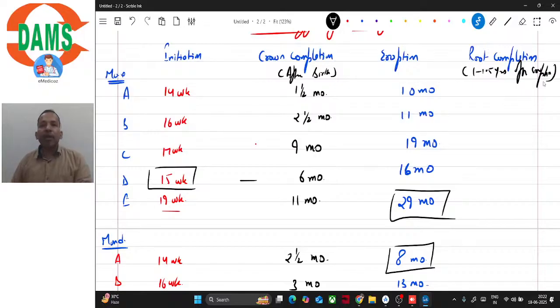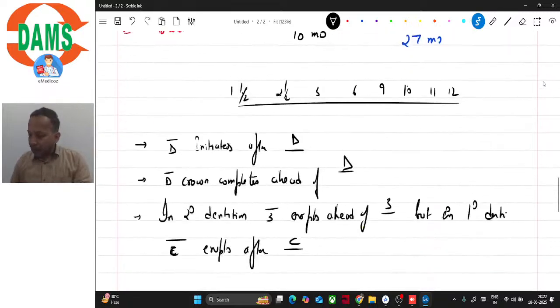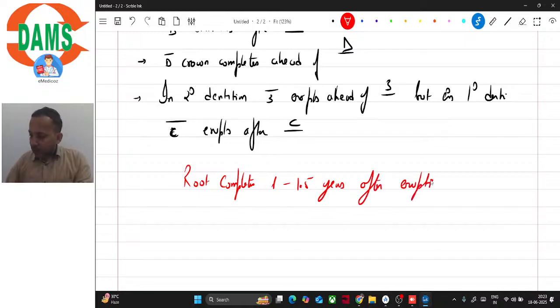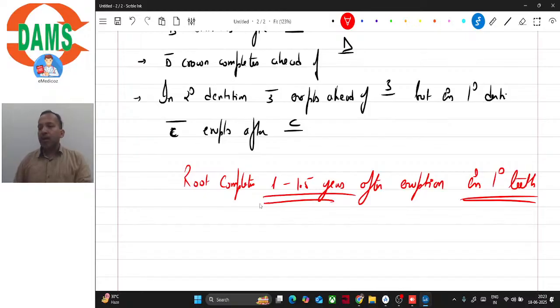So the root completes one to 1.5 years after eruption in primary teeth, right?